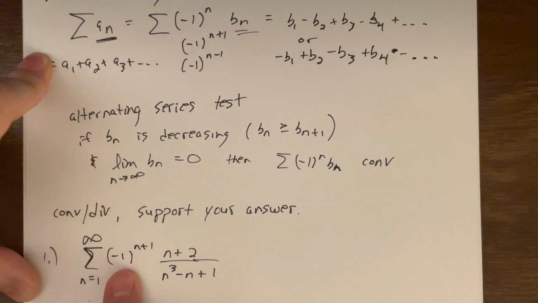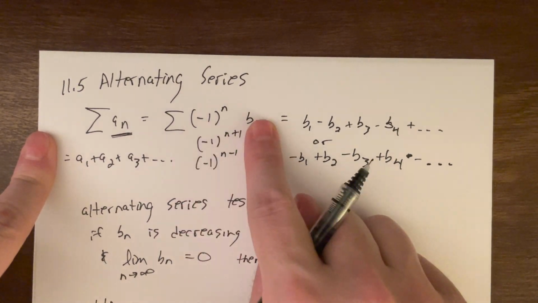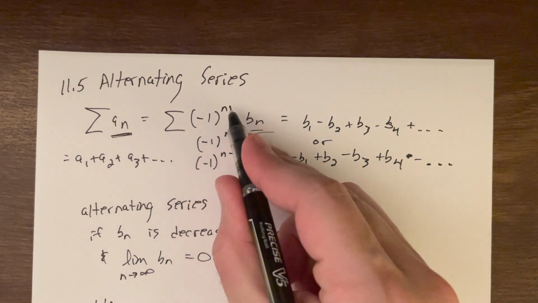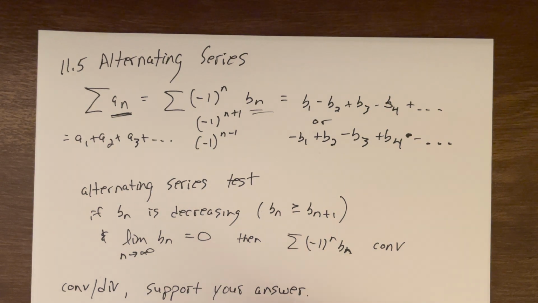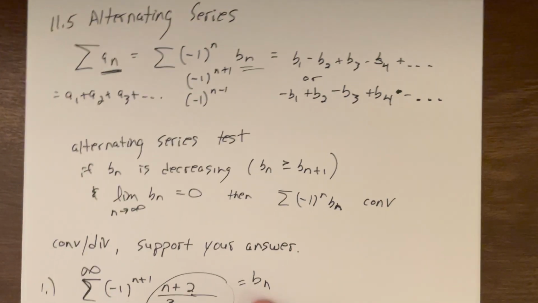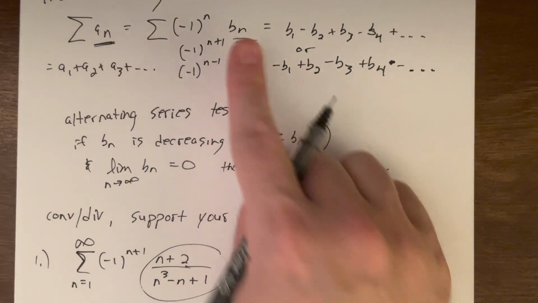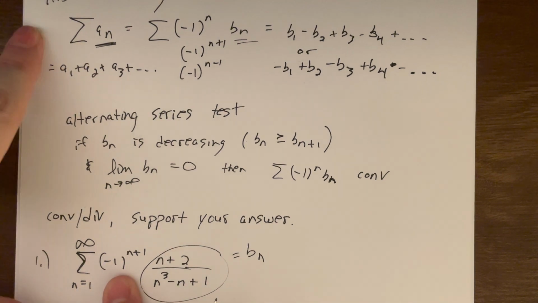This is exactly matching what we see up here. Everything is in the proper place, where we've got the -1 term kicked out in front. So all of this would be the b sub n, the notation that we're using for b sub n up here. Seeing that it's alternating, the rest of the test is all about this.